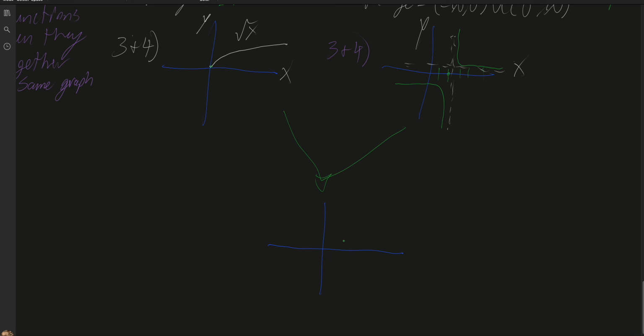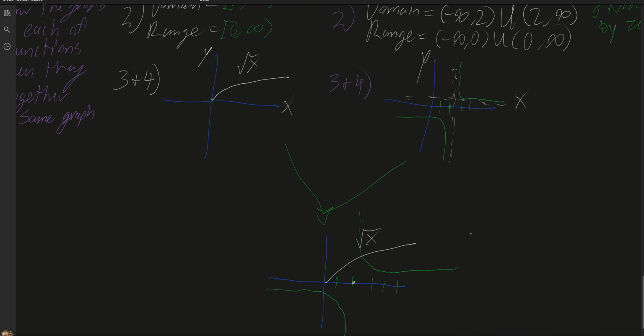So for the first one, I'm going to do this one, square root of x, and then we have 2, 5. There we go. And then we would have 1 over x minus 2.